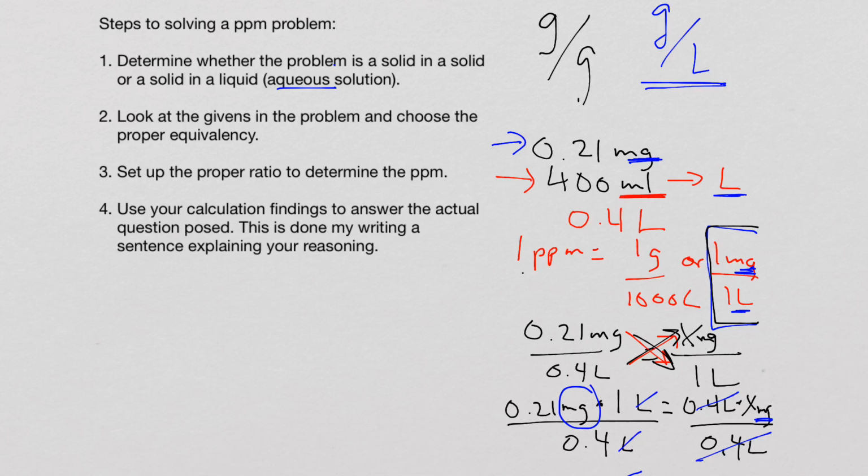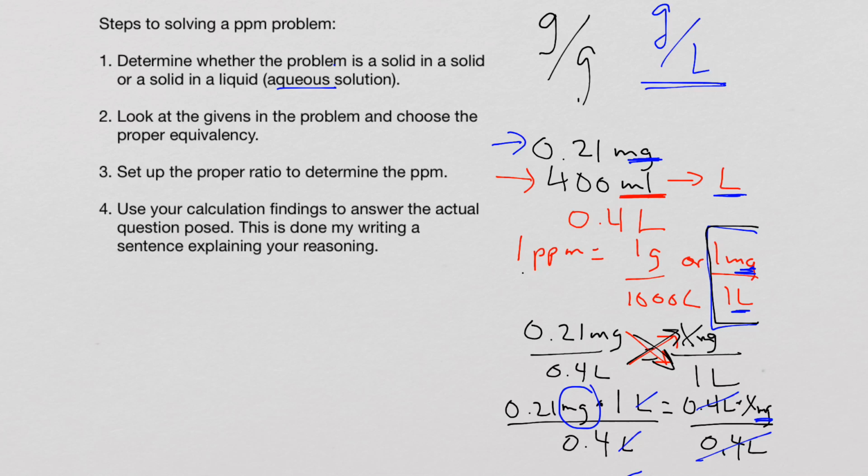So right there, when I look at my values, I see that I've got 0.21 milligrams. Because it's grams, this tells me that this is in fact a solid. Now, the determiner here is going to be what this solid is mixed in.